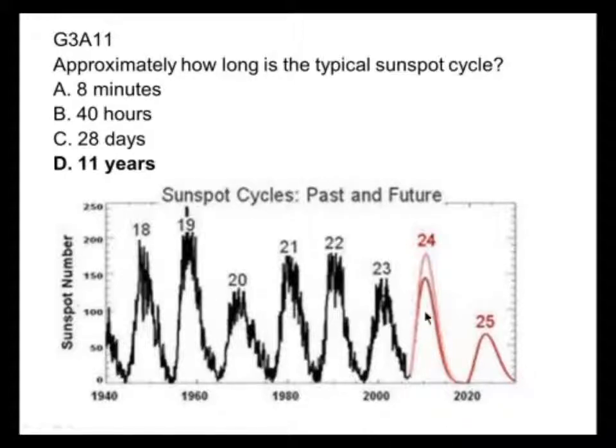Here is the present. The number here is the cycle number. Cycle 20, cycle 21, cycle 22, cycle 23, and so on. We're presently in cycle 24, and they've projected it here, and it's not really as active as it looks in this particular graphic.